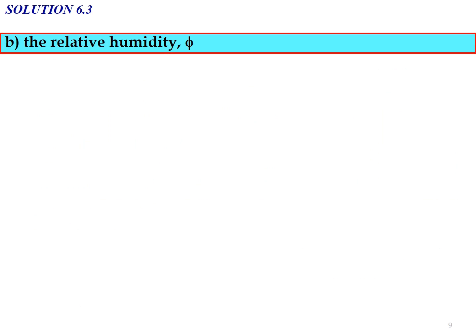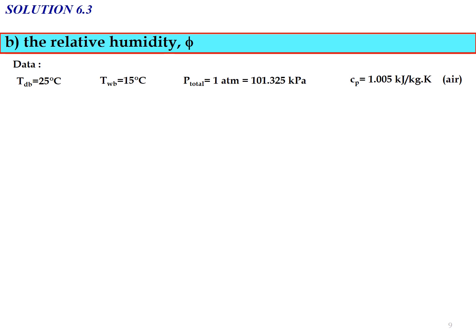Question B, we need to determine the relative humidity, psi. The data given are as shown in the slide: dry bulb temperature, wet bulb temperature, P total and Cp value. Omega saturated, the specific humidity at saturated air we already determined from the previous slide, equals 0.01065 kilogram H2O per kilogram dry air, and omega for the air equals 0.00653 kilogram H2O per kilogram dry air.